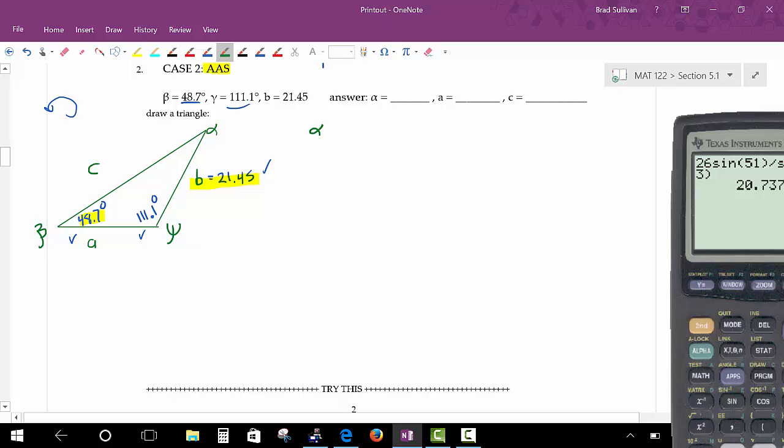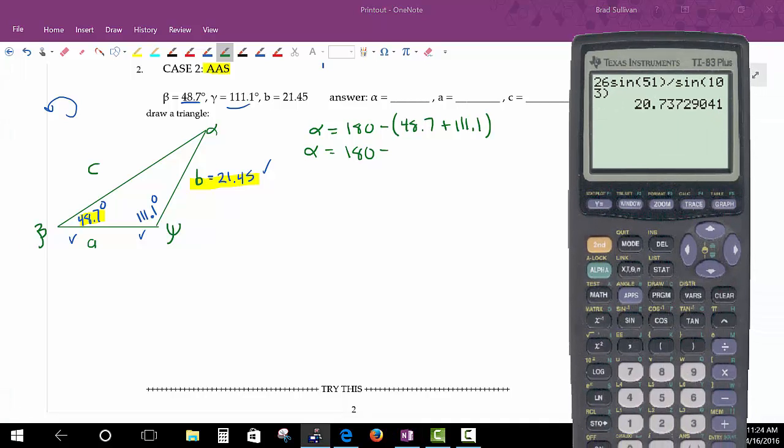Okay? So the logical place to start on this problem again is I've given you two angles, so we might as well just go ahead and find angle alpha. So we're just going to add those two angles I gave you, 48.7 and 111.1, and add those together and subtract that from 180 degrees. And you can do this in one step on your calculator if you want to.